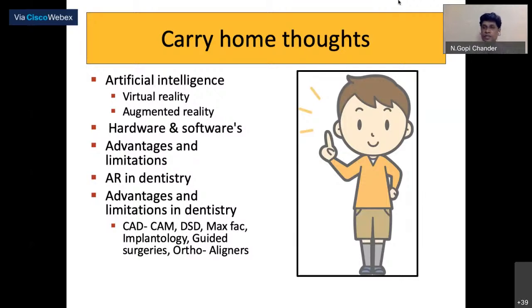But the complex part is understanding how to differentiate which is artificial intelligence, which is virtual reality. Maybe we think more in terms of applications or apps that are being used, but it has a diversified use. You have to differentiate its use and apply it in dentistry.